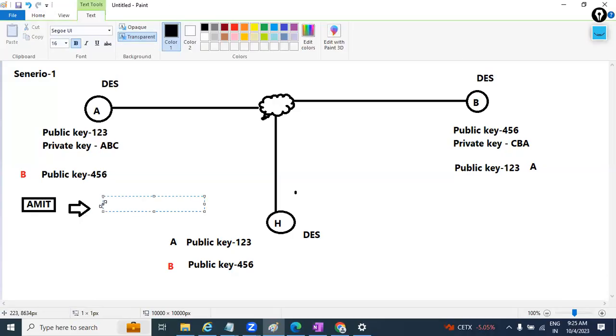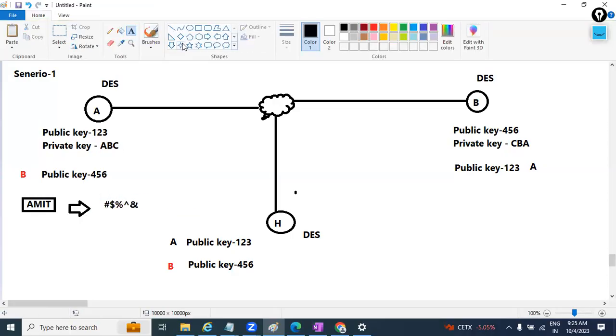Let's consider this is the encrypted data. Which algorithm are we using? As we have decided, dash. But for encryption, this device would use the public key of site B. So this data is now encrypted.